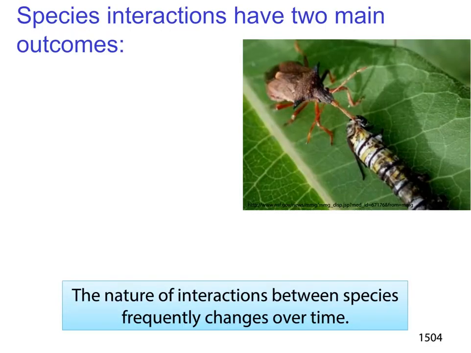Species interactions have two main outcomes, and I want you to write these down. On your slide, write a short term and a long term. In the short term, species can affect the distribution and abundance of other species on ecological timescales like the growing season or a few years.